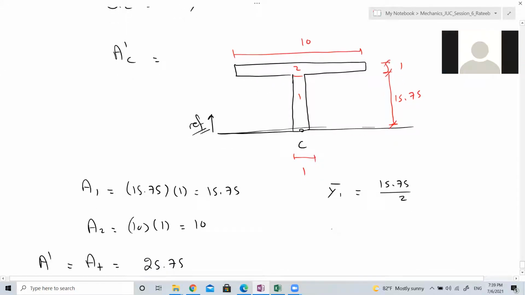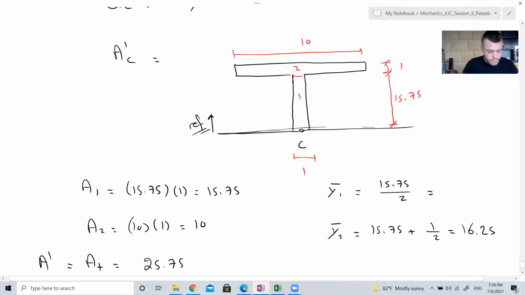It would be 15.75 over 2, 7.875, and Y2 is 16.25, right. How do you find Y prime now?